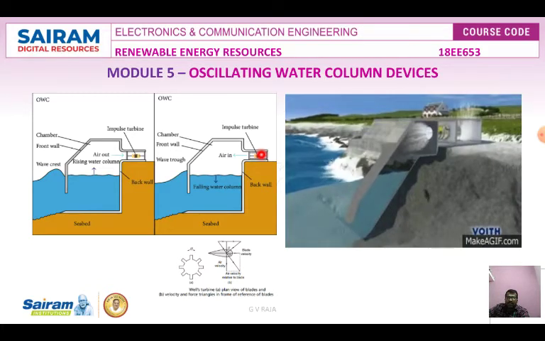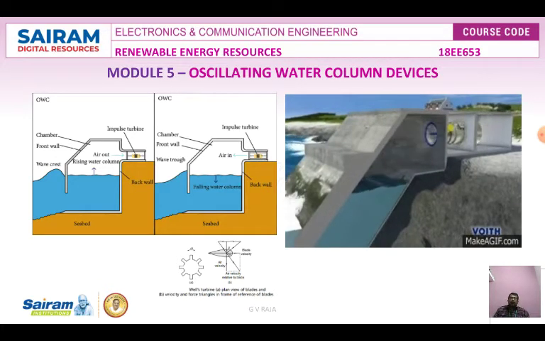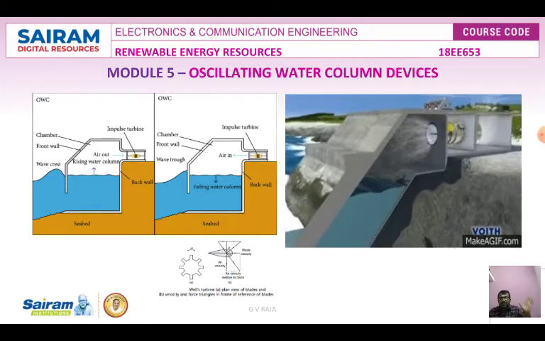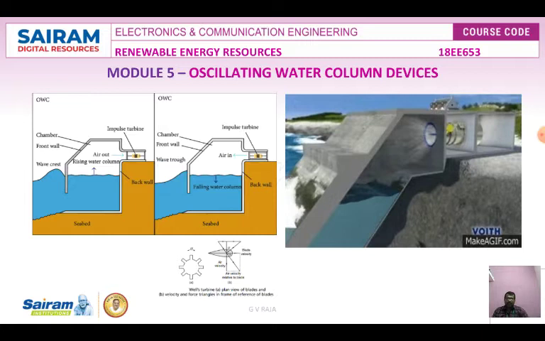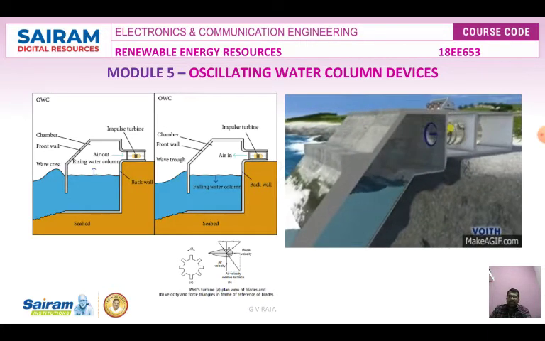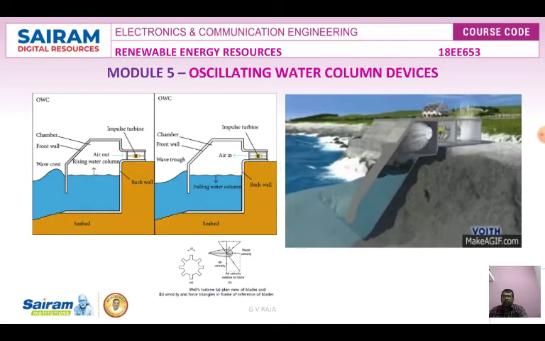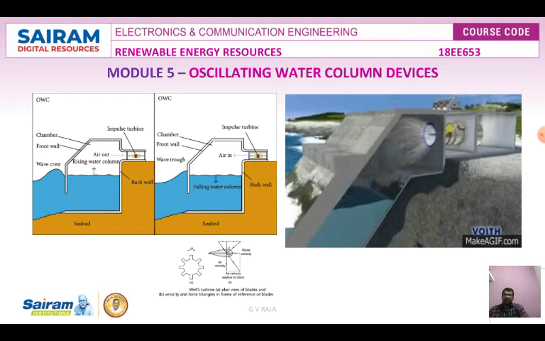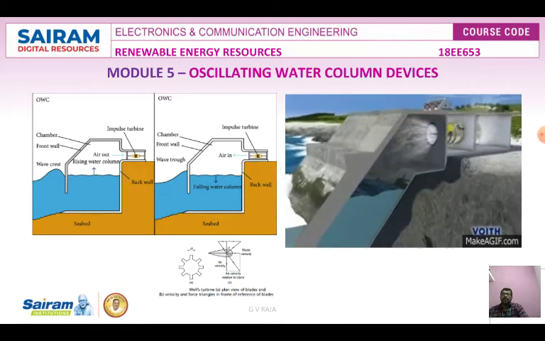The wave action causes the captured water column to move up and down like a piston, forcing the air through the opening connected to the turbine and generating the power. This is what we call oscillating water column devices.